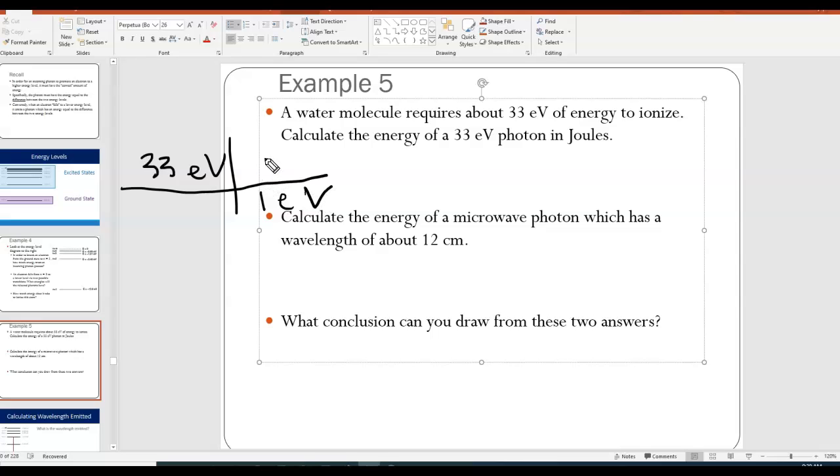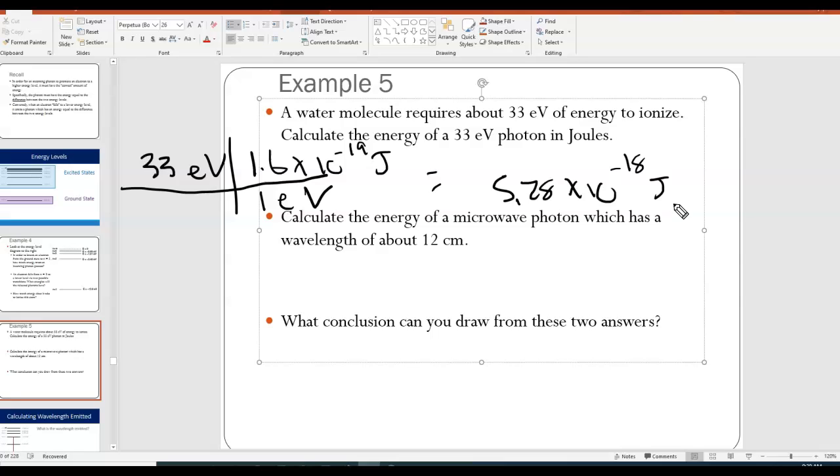The conversion factor is 1 electron volt is equal to 1.6 times 10 to the negative 19 joules. So this first question is nothing other than a simple unit conversion. If you type that into the calculator, you should get 5.28 times 10 to the negative 18 joules.